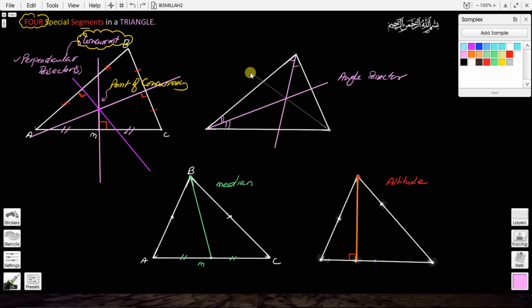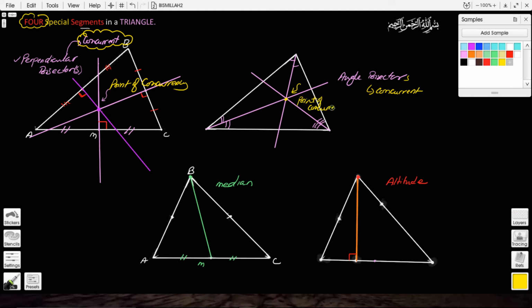I've done that, and then you notice again something quite remarkable. What you notice again for the third is that the angle bisectors are also concurrent, which means they all intersect at one point, and that point is called the point of concurrency.